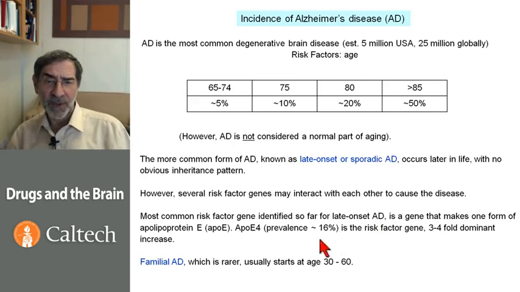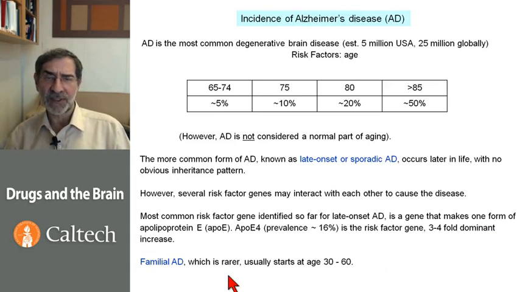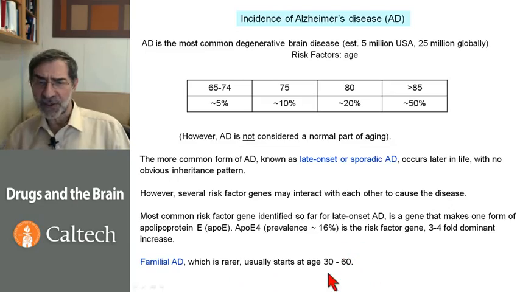ApoE4 is the particular allele, the particular protein made. Its prevalence is 16% in the population. And people with ApoE4 have a 3-fold increase in Alzheimer's disease risk, even if they have only one ApoE4 allele. Now, we're going to spend a few moments talking about familial Alzheimer's disease, or inherited Alzheimer's disease, which is much rarer, and also begins at an earlier age.